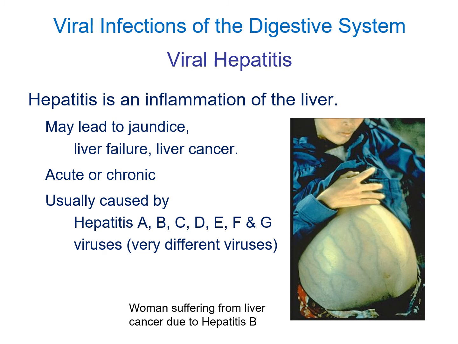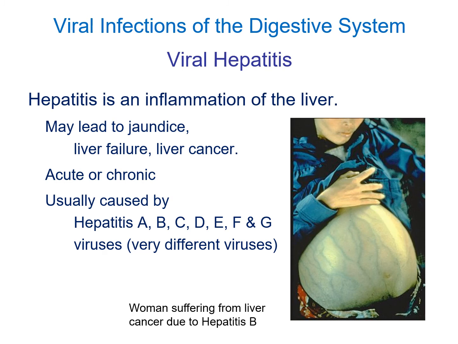Hepatitis is an inflammation of the liver. So whenever you see hepa, that has to do with the liver. If you have damage to the liver, a number of different things can happen. One of the most obvious is jaundice, where your skin and the whites of your eyes become yellow. We talked about this before when we talked about yellow fever, for instance.